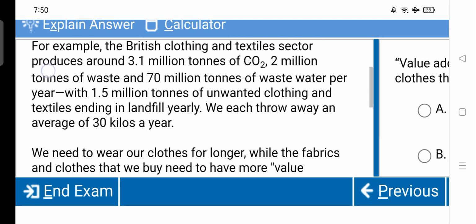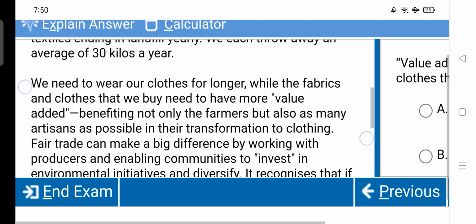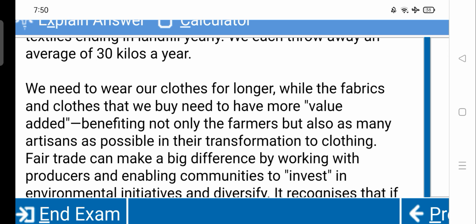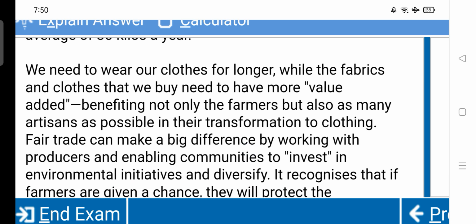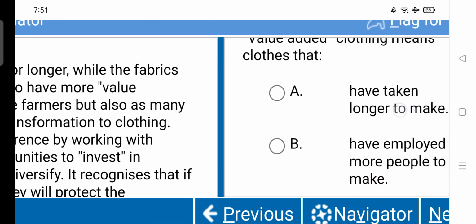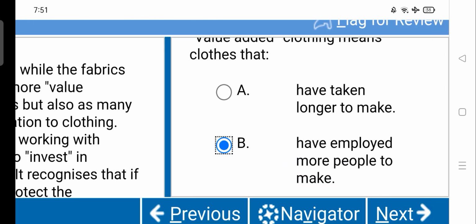You can see where value added is written, and now you can see it not only benefited the farmers but also as many artisans as possible. So that's why option B, have employed more people to make, is the right option.